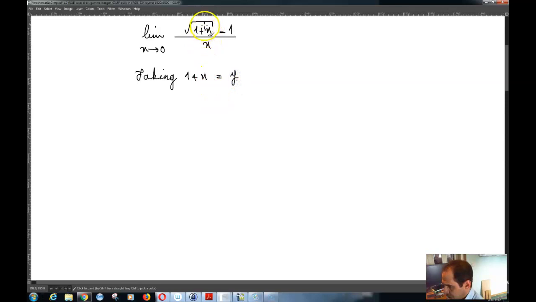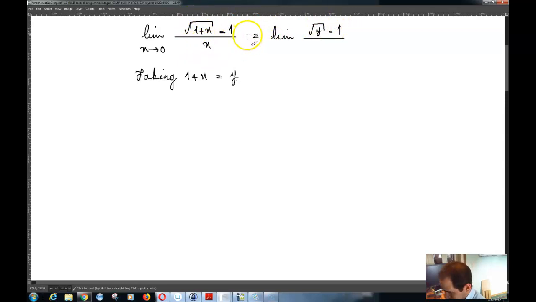So then you would have the square root of y minus 1. So this would be the limit of the square root of y minus 1, and then x here is, since you've written this part of the expression in terms of y, you have to write everything in terms of y.